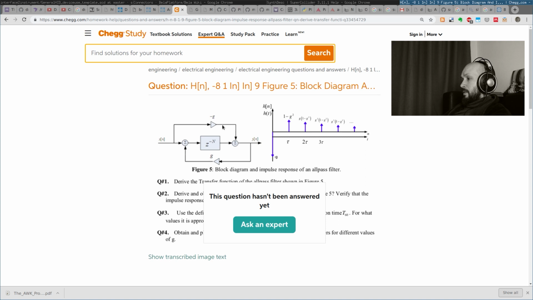I'm not sure about this impulse response. It has some error, I guess, because this amplitude shouldn't be bigger than this one. What we have here is a direct path, which gets multiplied by -g, but the second is the signal as it is, so this should be lower amplitude than this one.